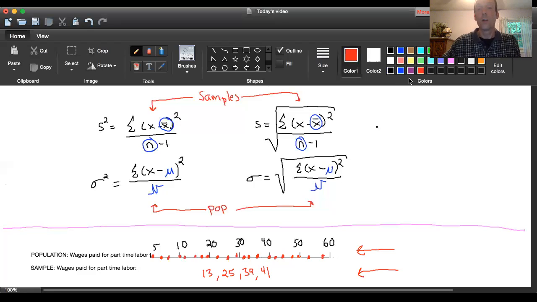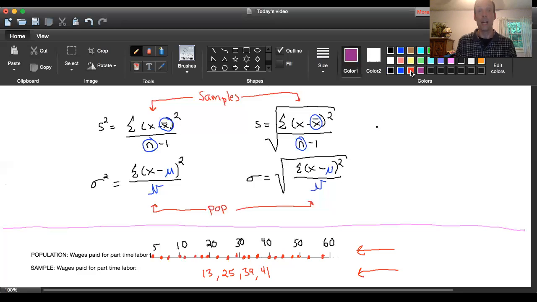Now, here's where that gets to be really, really important. If we're looking at data from a sample and using that information to represent what's going on in a population, the issue is that we know the sample standard deviation is probably going to be severely underestimated, so it's off the mark from the true population standard deviation.